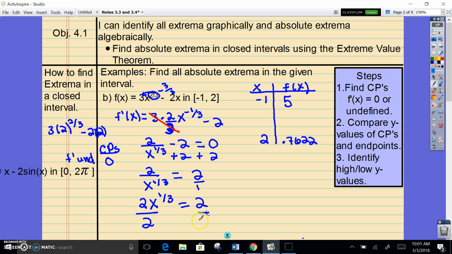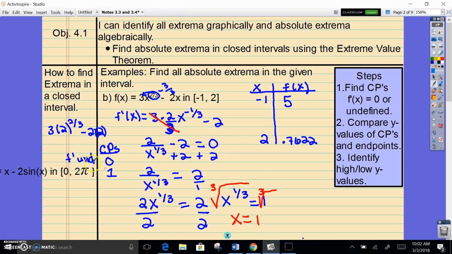I'm going to divide by 2 so that x to the 1/3 is equal to 1. Now when I want to get rid of this 1/3, the way that we do that is we take the cube root. You do not put plus or minus unless the index is even. Since it's odd, I just get that x equals 1. So that means I have 2 CPs to deal with. I have 0 and I have 1.